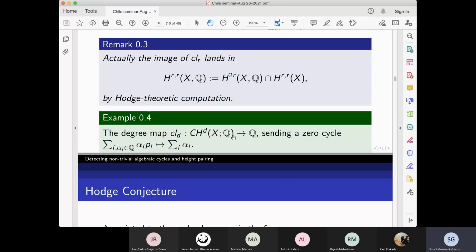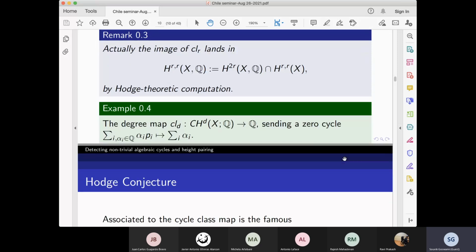For example, take X equals, let's say, P^1 again, and take 2 points, let's say Q1 and Q2 on P^1, and simply take their difference, Q1 minus Q2. So that is an algebraic cycle, right? It's an element of the free abelian group. Through this map, where does it go? It goes to 1 minus 1 equals 0, right? So a non-zero element, Q1 minus Q2, goes to 0 here. So the cycle class map is, of course, not injective.